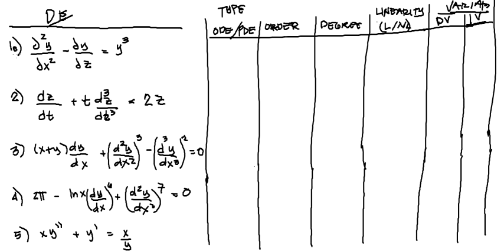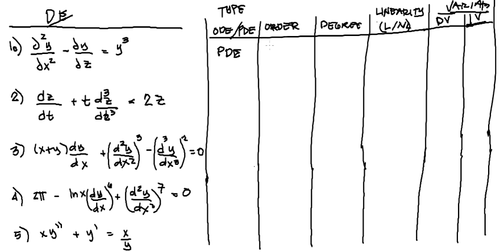For equation 1, we have this symbol. We have this kind of derivative which is in the form of partial. So we have a partial derivative of y with respect to x and a partial derivative of y with respect to z. So the type of DE of example 1 is a partial differential equation, PDE.